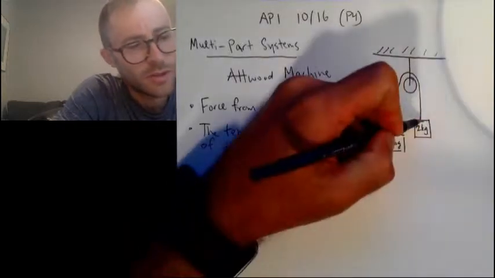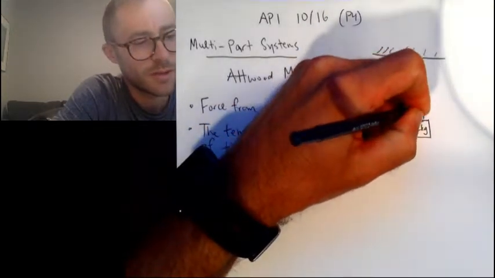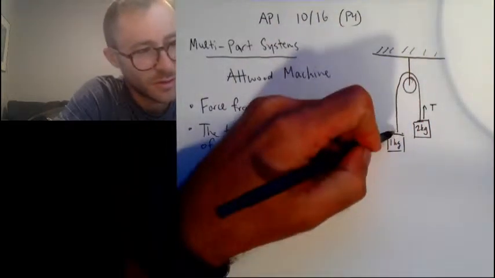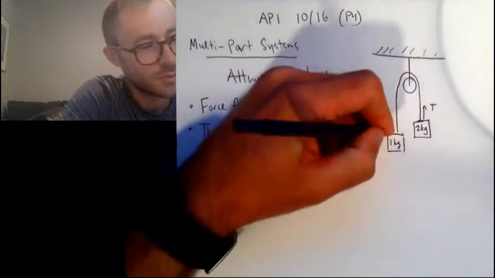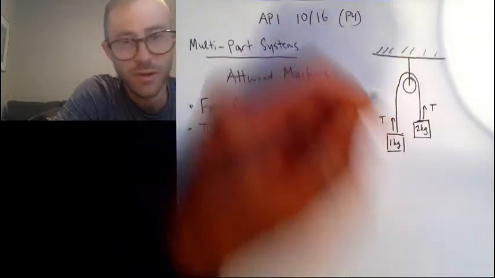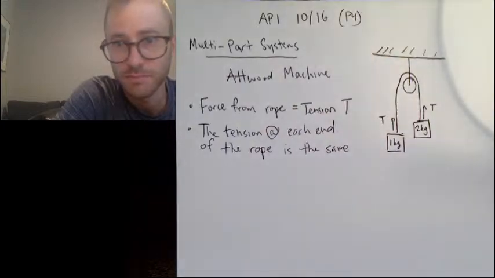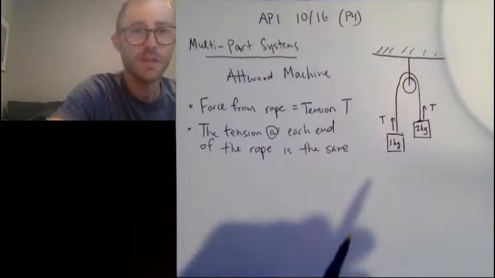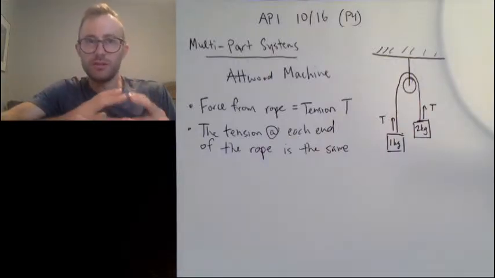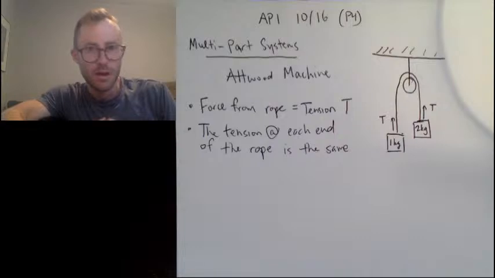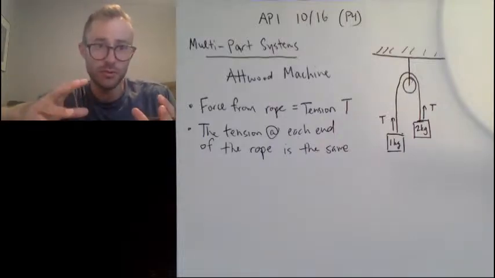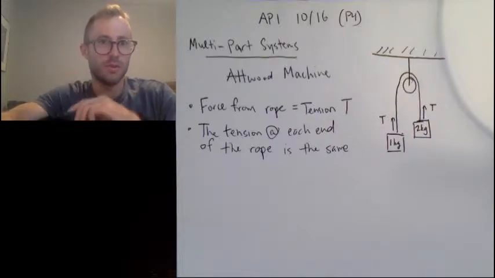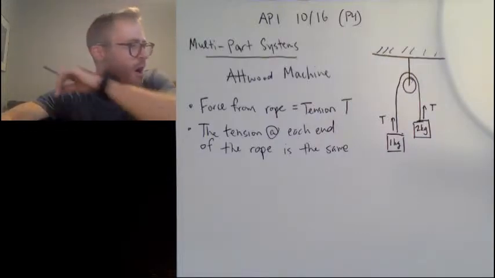So the tension in this rope right here is pulling up on the 2 kilogram mass. Okay, and the tension on this end of the rope is pulling up on the 1 kilogram mass with the same tension. Okay, so the tension at each end of the rope is the same. Basically a rope carries a single amount of tension throughout. If you have multiple ropes, each rope can carry a different amount of tension. Okay, but if you just have one rope, then that's the same tension on either end.